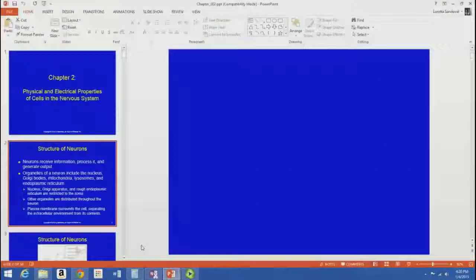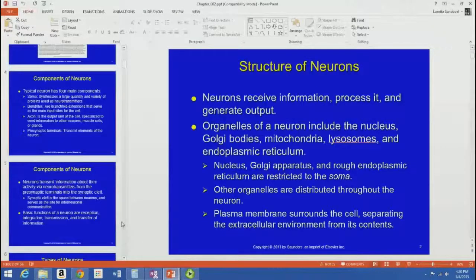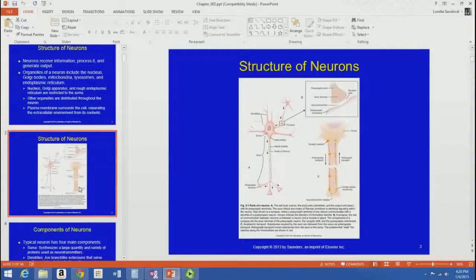I'm going to go back to the PowerPoint here, and all of these figures are straight out of the book. If they're kind of small in here and you can't see them very well, you can look in the book and look a little more closely at them.